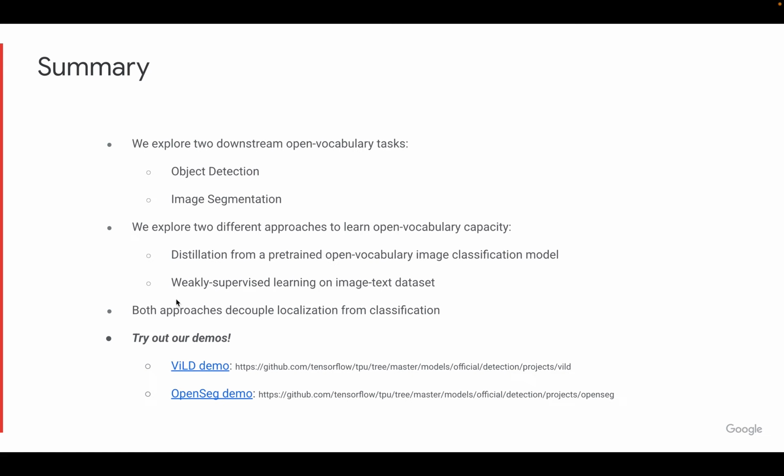And in OpenSeg, we use weakly-supervised learning on image text dataset to learn the open vocabulary capacity from the image text data. Both approaches decouple localization from classification. The localization is learned from class-agnostic modules, because we found that class-agnostic modules generalize well to novel categories after training on sufficient categories and sufficient data.